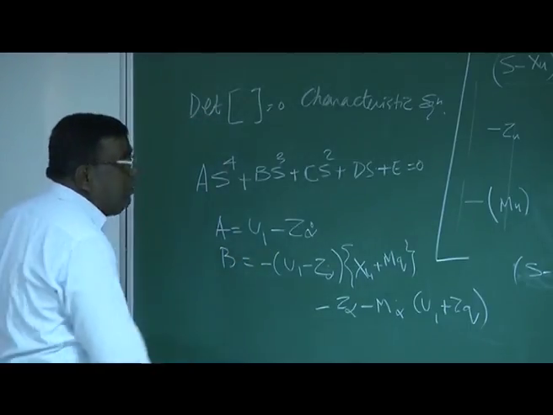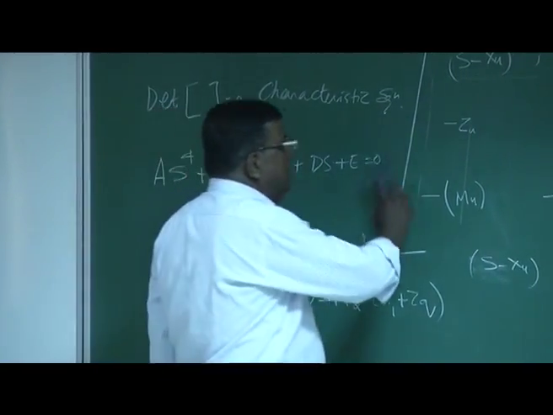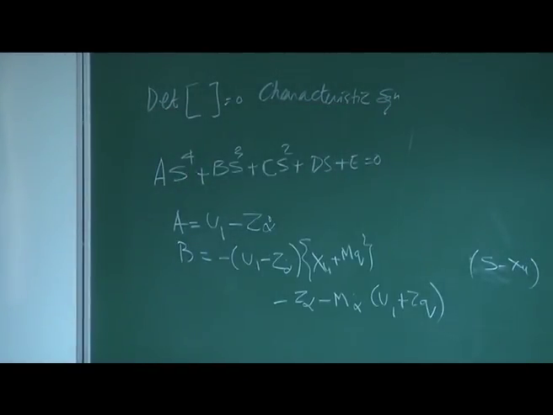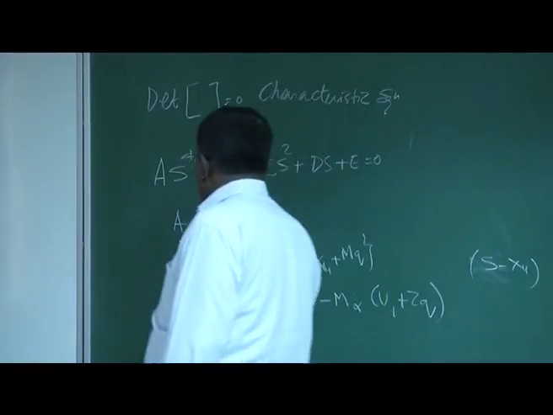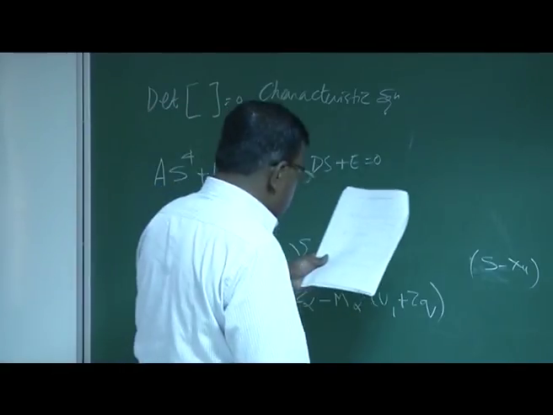And I will write the expression of e also here. I will erase this part. As I told you, this thing you have to do once. That's all. After that, you forget it and try to understand the physical interpretation of it.